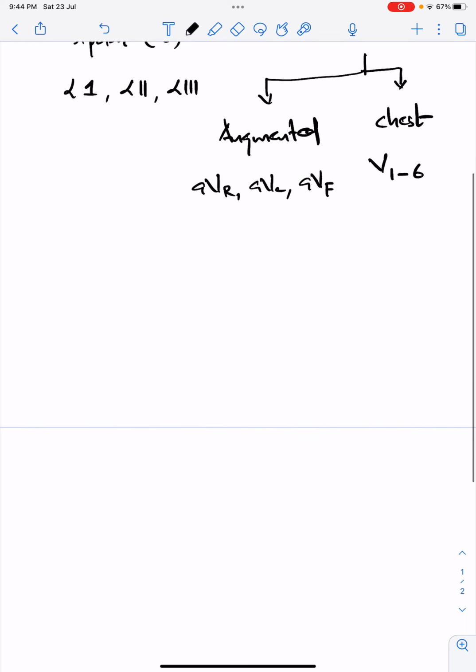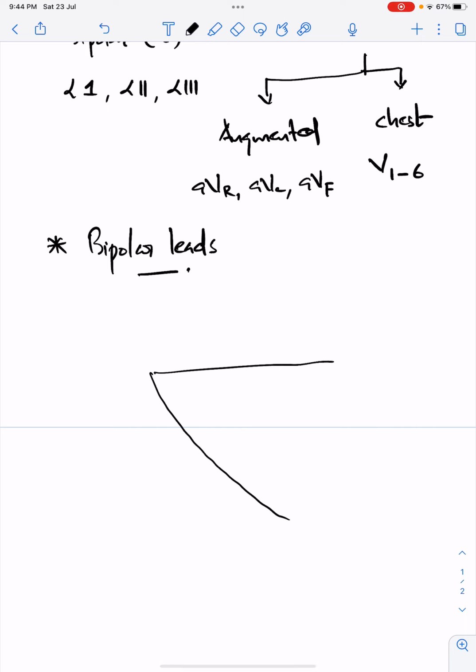So now about the bipolar leads in detail. Basically, this is a triangle representing the limbs. So this corresponds to right arm, left arm, and left foot.